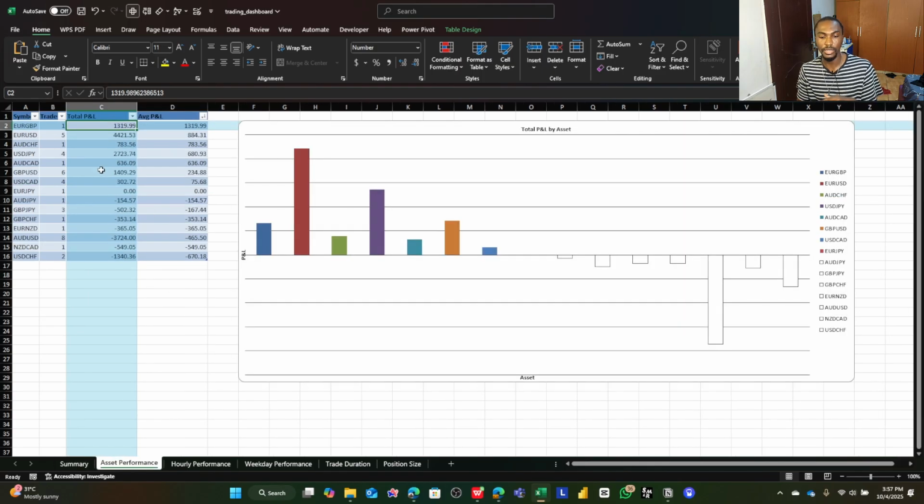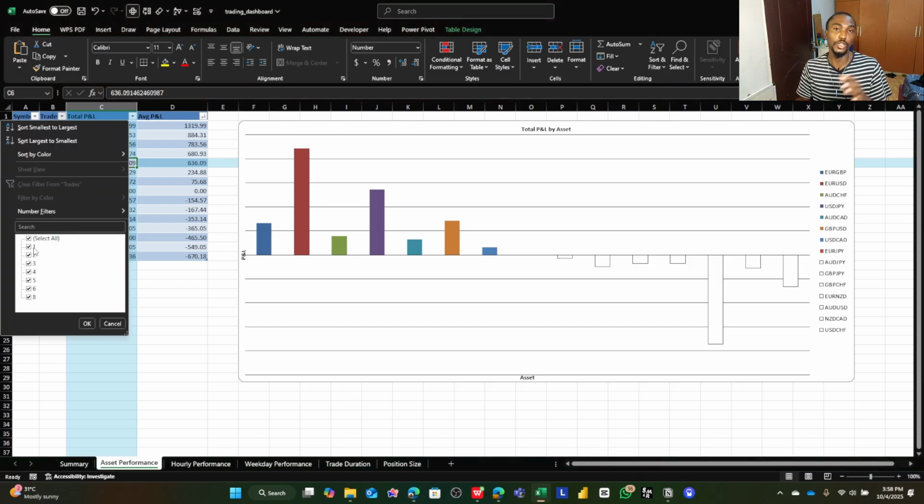And what you notice here is it shows each symbol, right? The total amount of trades taken, the total P&L for each symbol, and then the average P&L, which is obviously the total P&L divided by the number of trades taken. Now, anything I take one trade on, to me, is not something I can call average P&L. Those are like lucky shots. I took one trade here, it's a lucky shot.